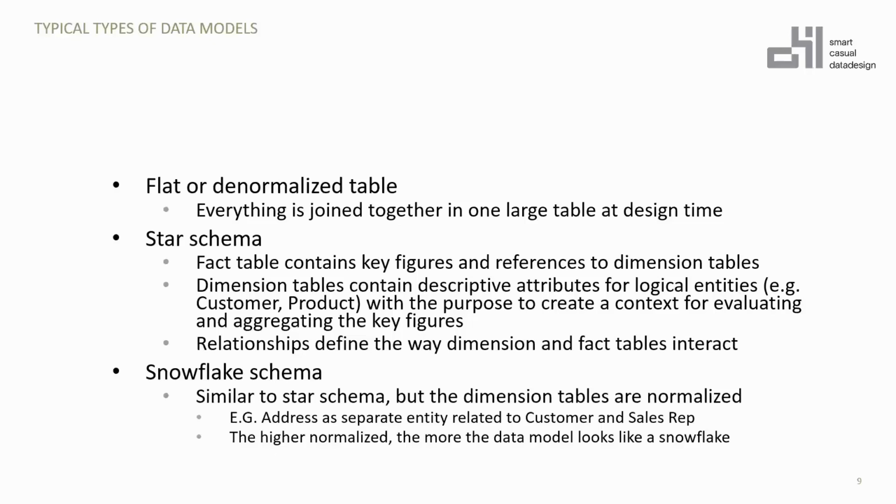The first one, and that is how most people get started when they are starting their first data model, is to create a large, flat or denormalized table, meaning you're just making a kind of big Excel spreadsheet, putting everything on one sheet, having all the different values on the same table, which might be a bit awkward to get there in the first place.